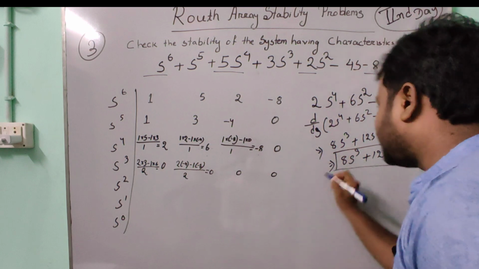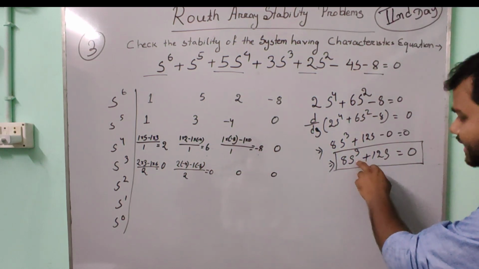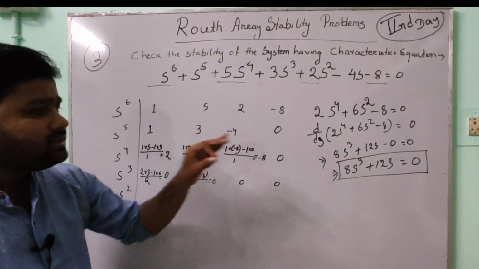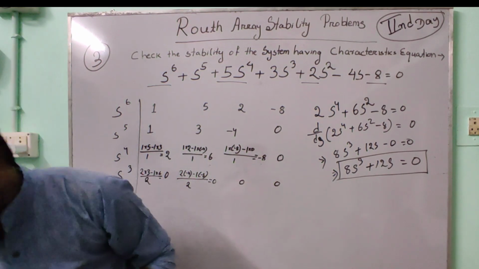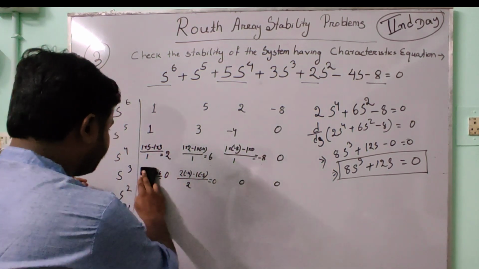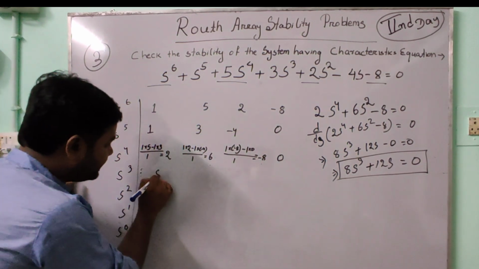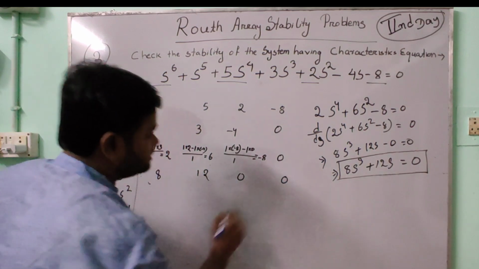Here we have got another equation whose maximum power is 3. I will put these values in the 0, 0, 0 place, so by eliminating that line, I will write 8, 12, 0 and 0.